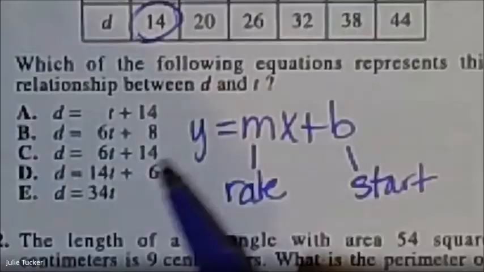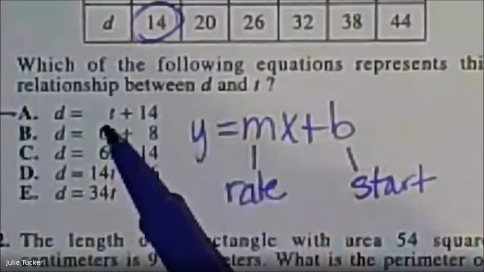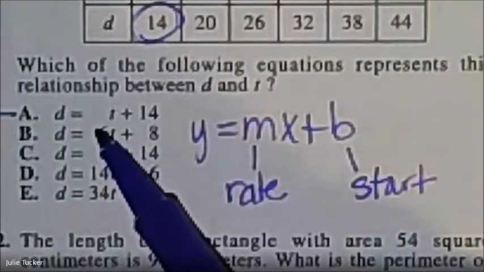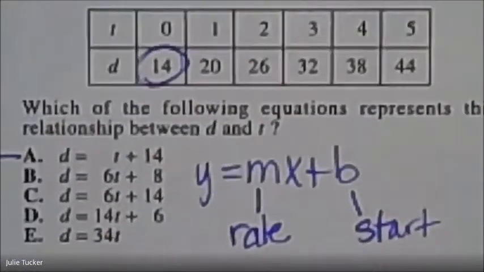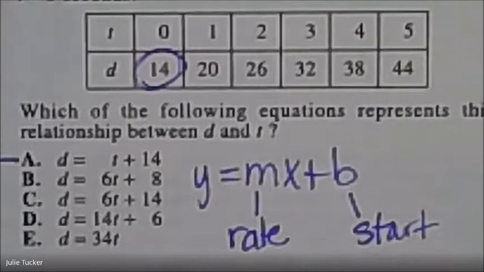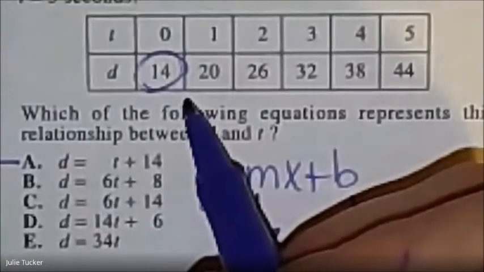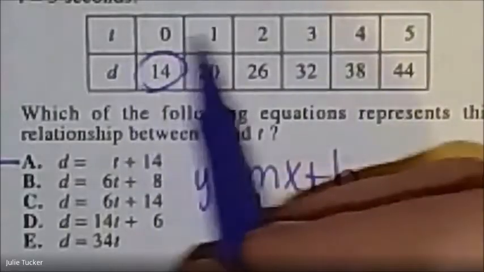It might be A. So let's check A. That would mean your speed has to be like 1. I don't think it is. Let's check. How do you find slope? Don't you have to go through the y's and do the y change over the x change?